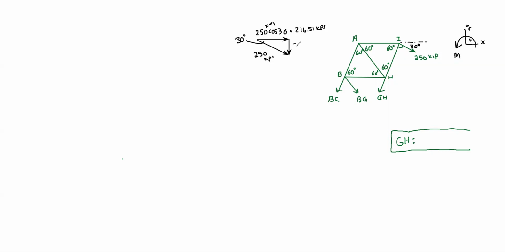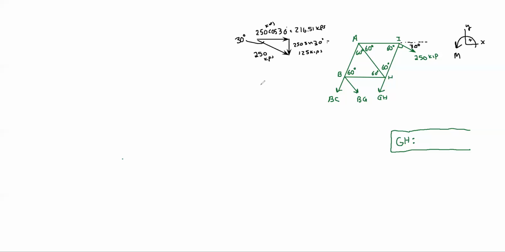And this one is 250 times the sine of 30 degrees, which is 125 kips. I've worked this one out a couple times today.